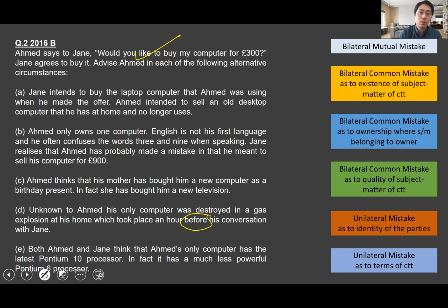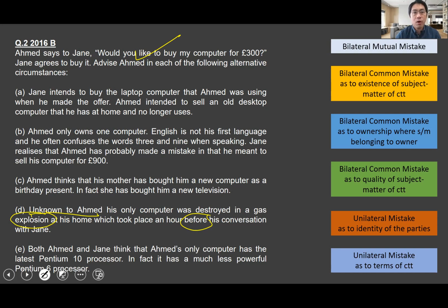So he never knew. So the picture you are seeing, and it may help if you were to draw it out perhaps, is that Ahmad is now offering to sell his computer for 300 to Jane, but unknown to him, his computer had been destroyed. He really has no computer available for sale because it had exploded 1 hour before.